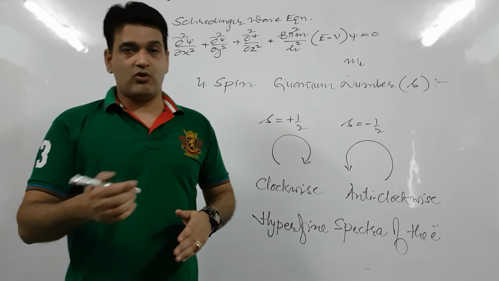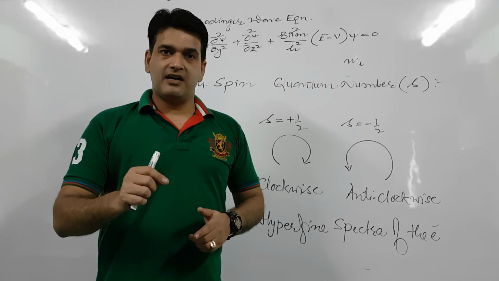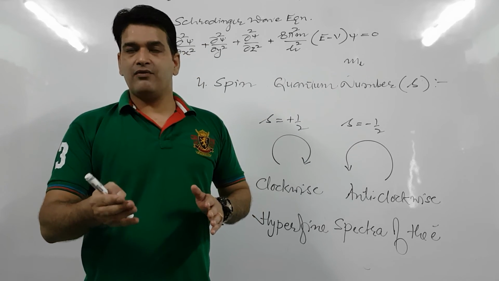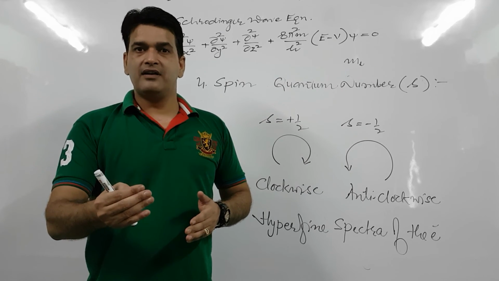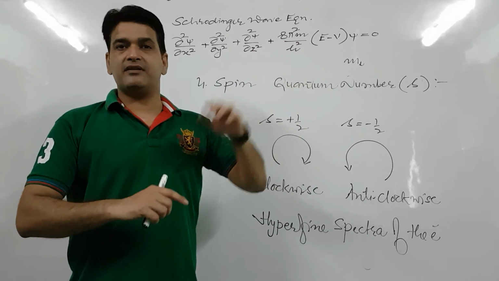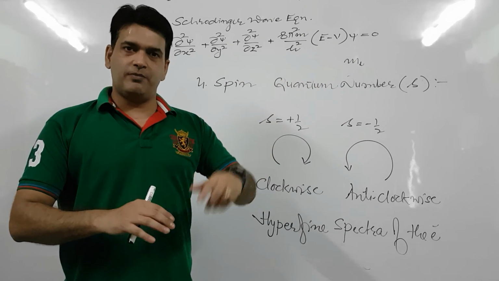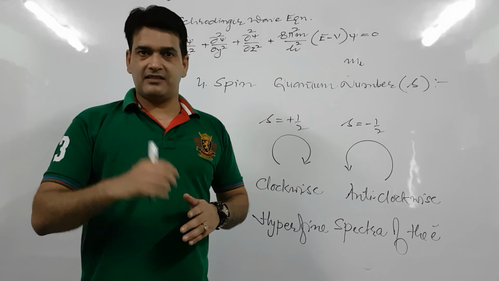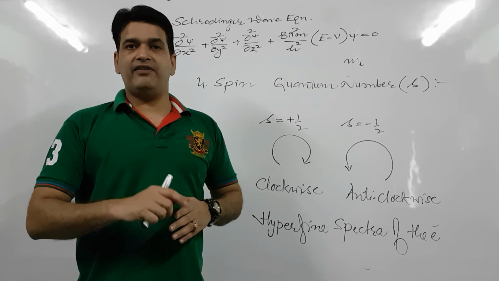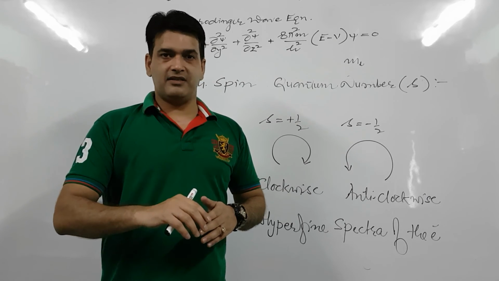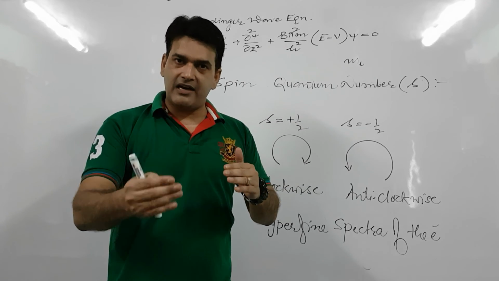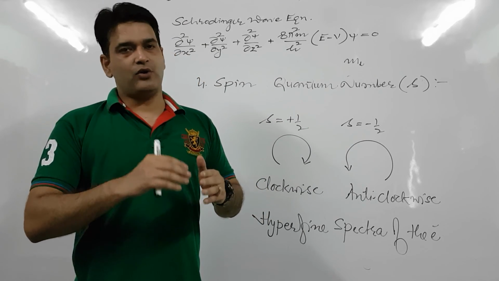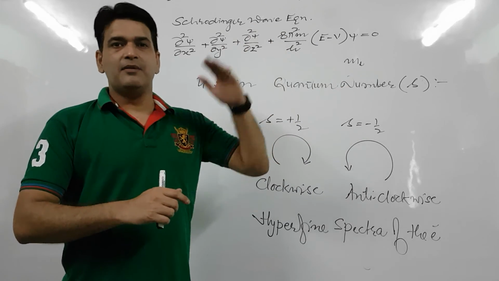And if I ask how many quantum numbers are required to explain the subshell, then obviously we use the azimuthal quantum number, but it depends upon the principal quantum number, so 2 quantum numbers are required.